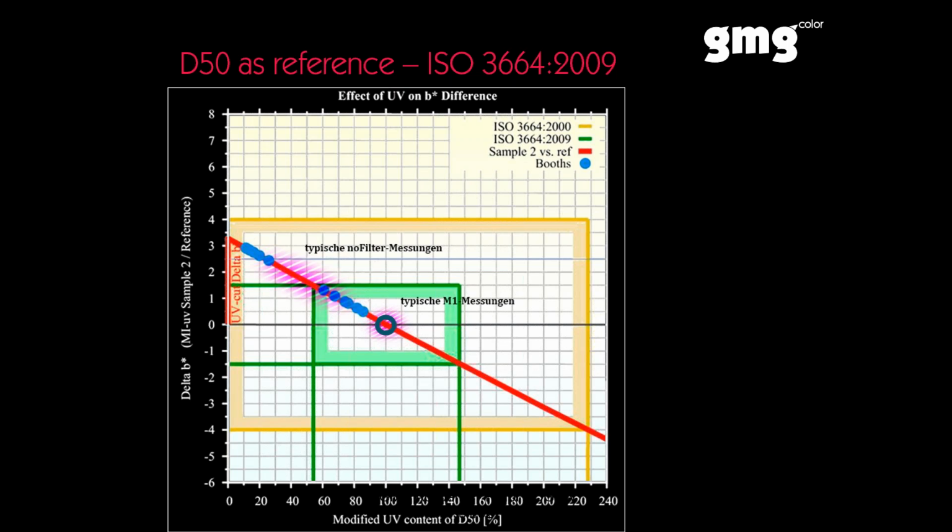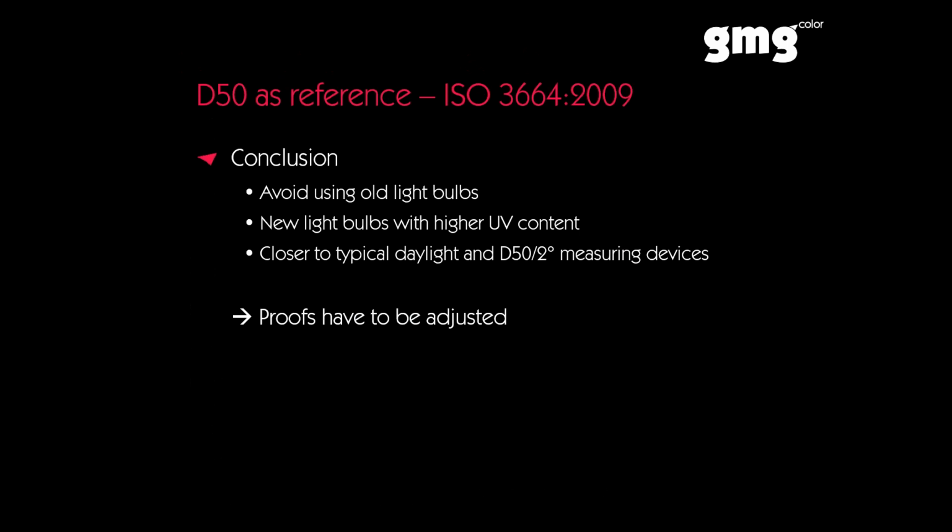So, okay, to wrap up everything about the viewing conditions, of course, we should avoid using the old light bulbs. Actually, since 2011, there are no older light bulbs, so no light bulbs according to the old revision available anymore.